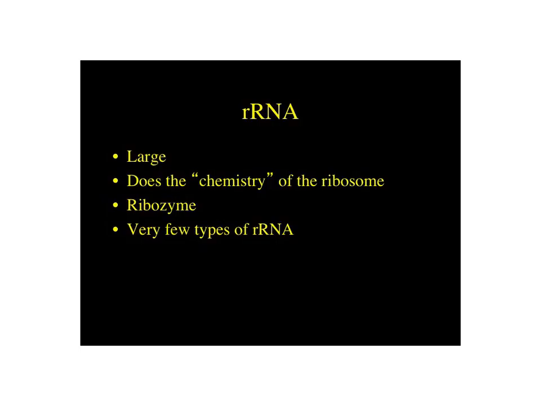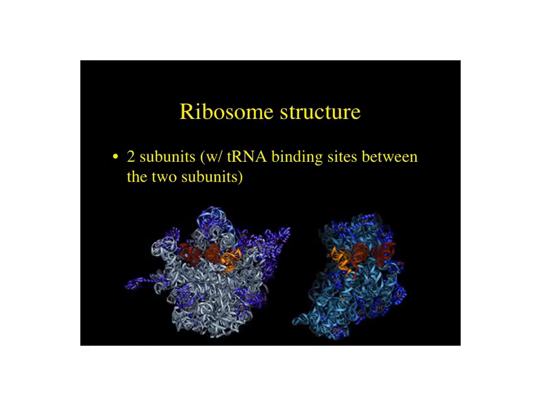For mRNA, there are lots of ways to splice mRNA and different genes. But for rRNA, there's very little heterogeneity because it has to do a certain function. If you have a lot of heterogeneity, you could lose the function of the ribosome and then you're dead.